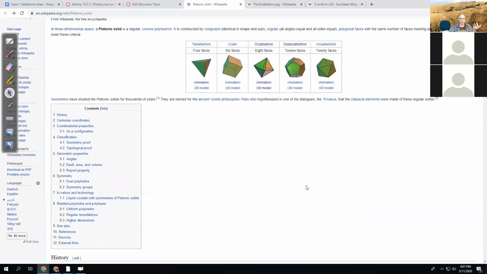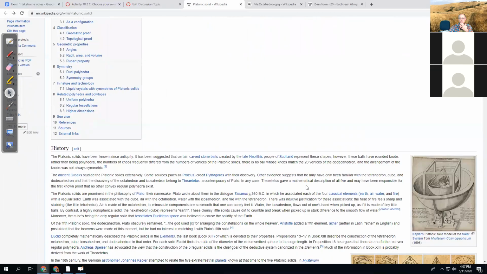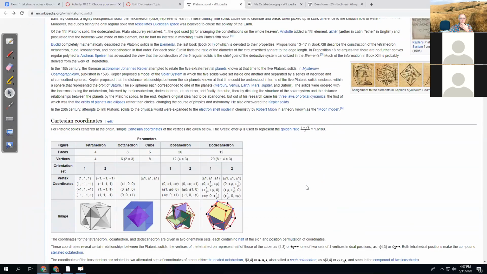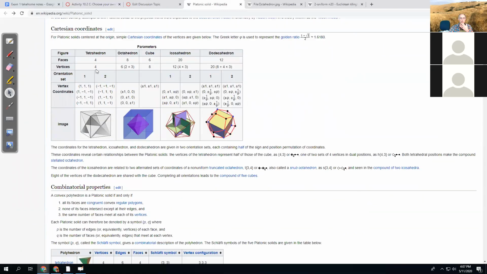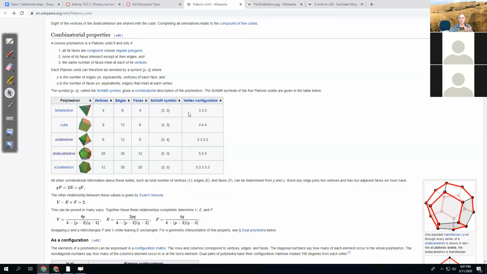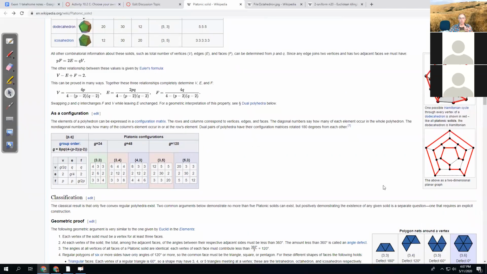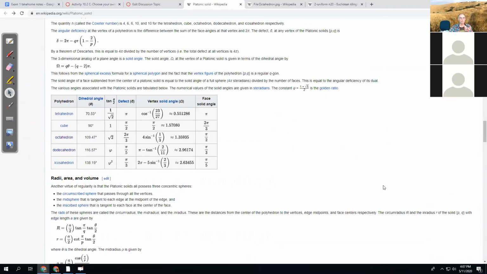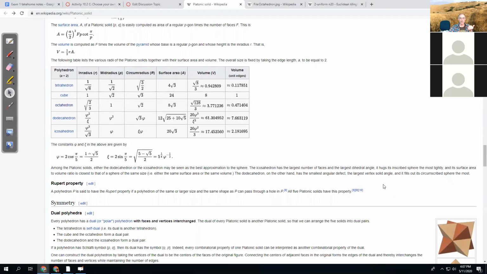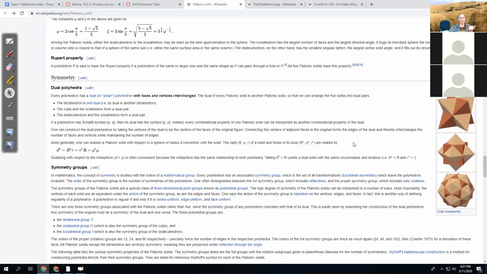For example, let's see, do they get into any other aspects of polyhedrons here? They show some cool properties about them down here. They show some other versions of them. A lot of weird math that we don't care about. Oh yeah, these are kind of cool. These dual polyhedra are pretty neat, where you take the same polyhedron and rotate it so it projects through itself.